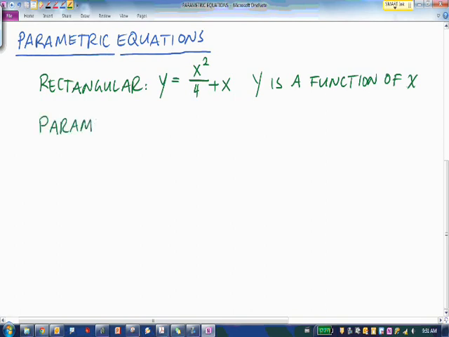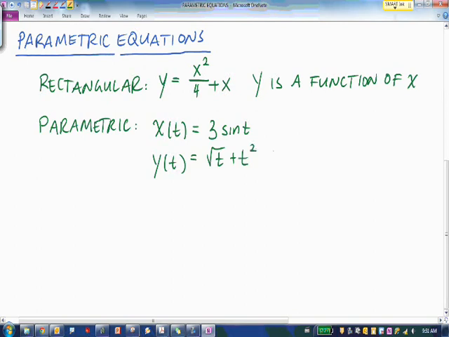On the other hand, a parametric equation is actually a set of two or more equations, and here's an example. x of t is equal to 3 sine t, and y of t is equal to the square root of t plus t squared.